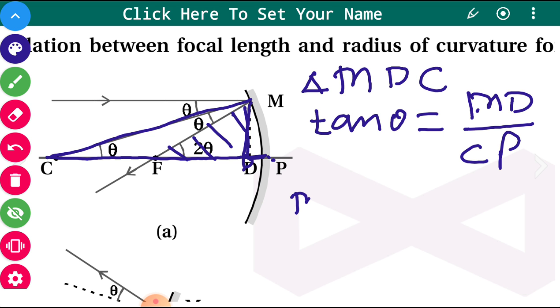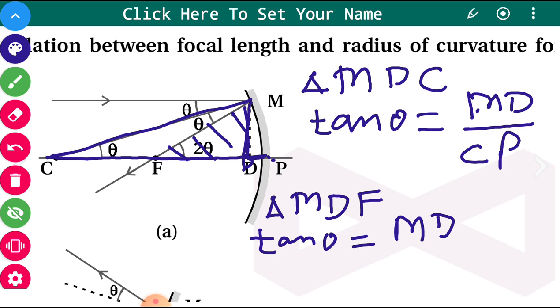In triangle MDF, you can take tan theta is equal to MD upon FP. Now you can see here this theta is as such very small, 2 theta will be again very small.